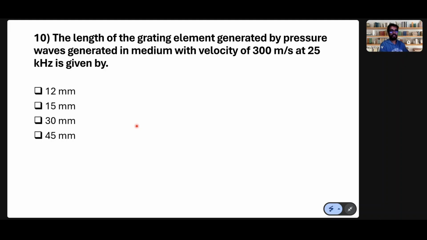It's simple. You just divide the velocity by the frequency. Option A, 300 by 25: 300 meters per second divided by 25 kilohertz. After doing that, you have to convert the answer from meters to millimeters. Upon doing that, you will get 12 millimeters as the answer.